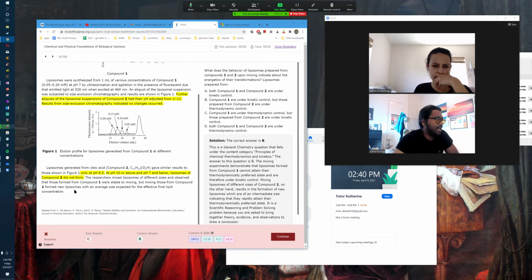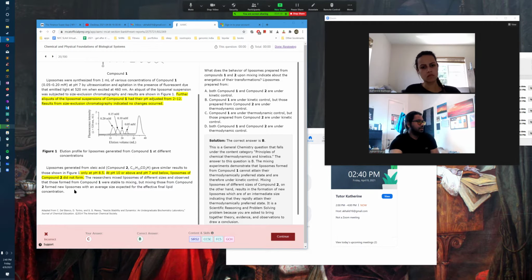So when they mixed the liposomes of different sizes for compound one, the liposomes retained their size, like a mixture of different sized liposomes.